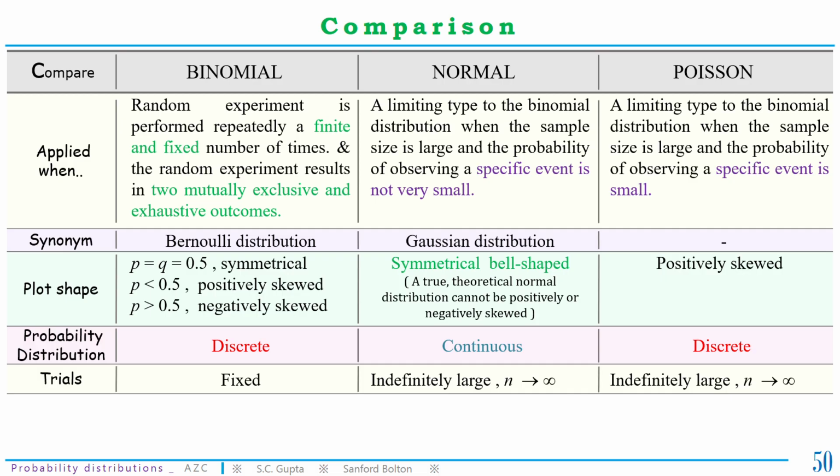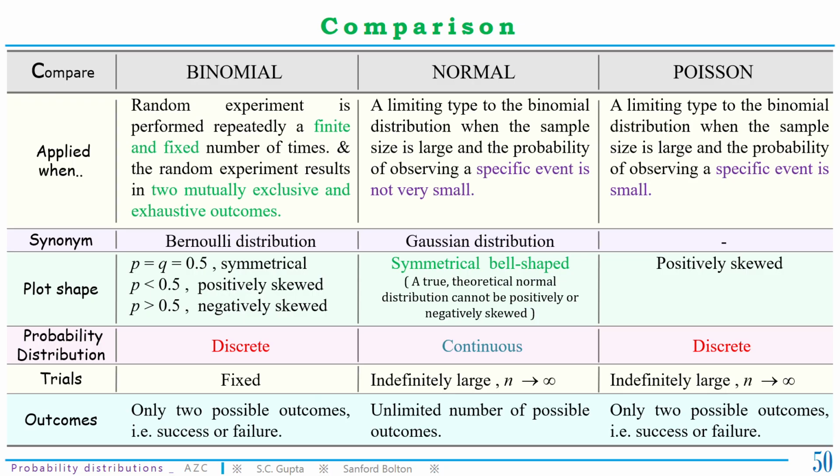In binomial distribution, there is a fixed number of trials, while in normal and Poisson distributions, there are indefinitely large trials. In binomial and Poisson distributions, there are only two possible outcomes, that is, success or failure.